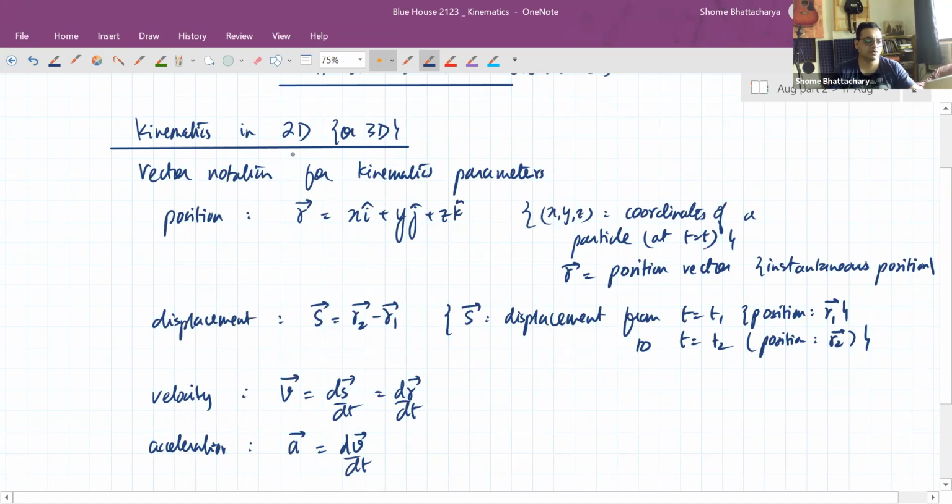Now they become vector quantities, which are generally expressed in unit vector notation: i cap, j cap if it's 2-dimensional, and i, j, and k if it is 3-dimensional. There's nothing more to this. You just need to keep in mind that these 4 important parameters are now vector quantities. You'll see its application immediately in projectile motion.